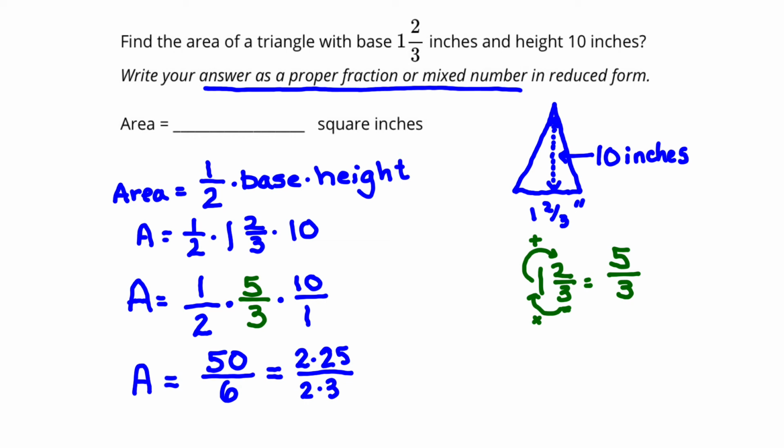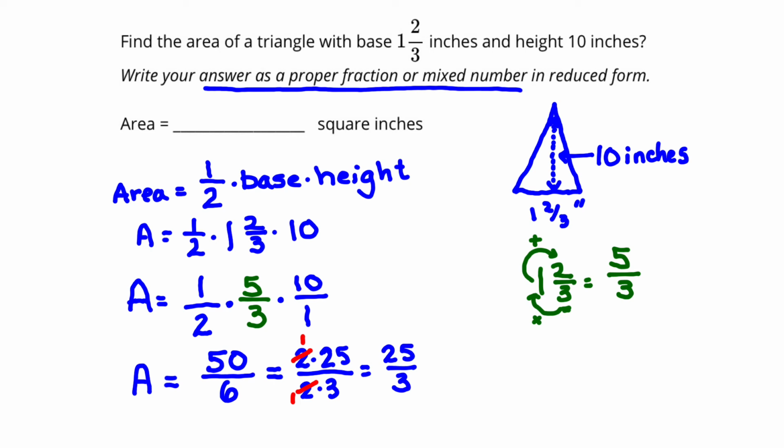And so if I want to reduce the fraction 50 over 6, I can cancel out 2 divided by 2, because 2 divided by 2 is just 1. And therefore, I can reduce 50 over 6 to the fraction 25 over 3.